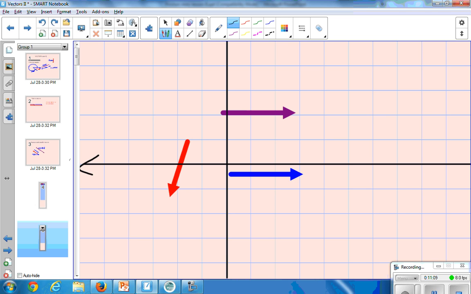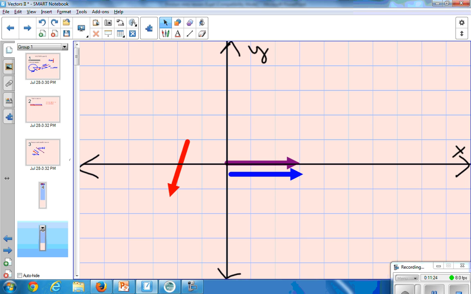And again, let's indicate that these go on forever. This is Y, this is X. Okay. So again, now that I think we've established we can move our vectors however we want, let's make life easy. Let's move this guy over here. Let's move this guy over here.